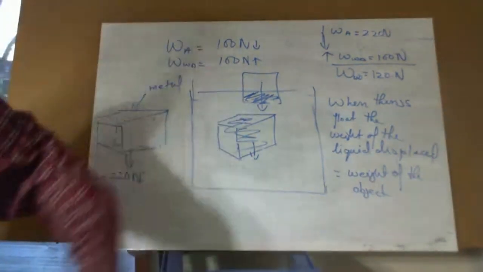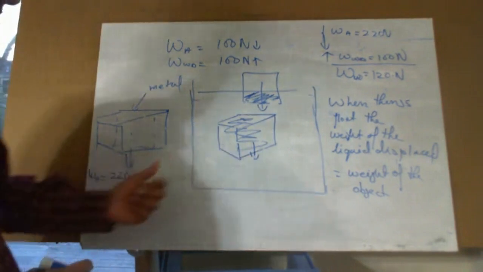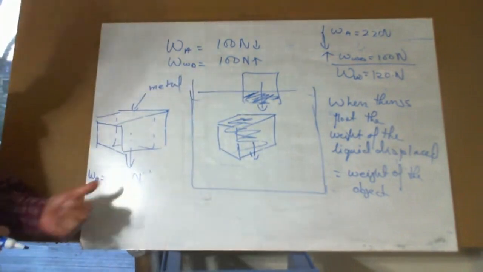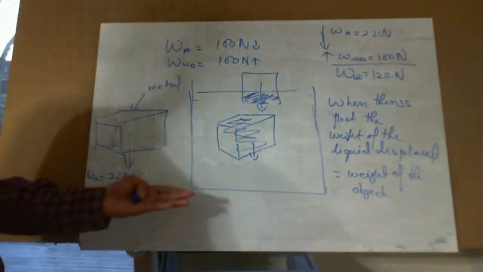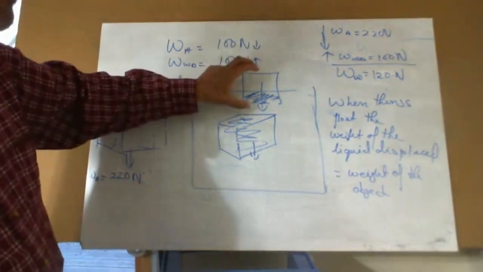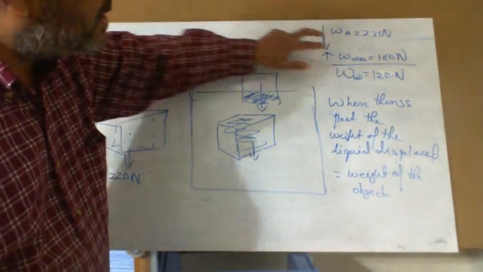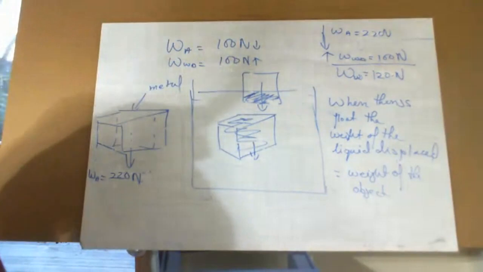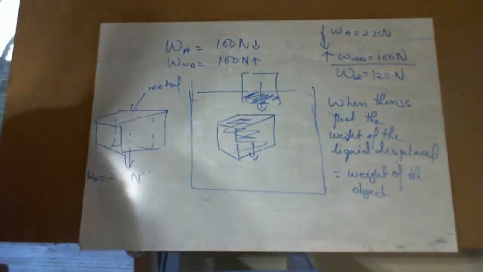The object will sink. If the amount of water displaced is greater than the weight of the object, the object will rise, and it will stop when the weight of the liquid displaced is exactly equal to the weight of the object, right? So we call this the principle of flotation.